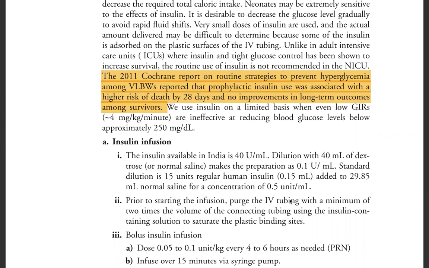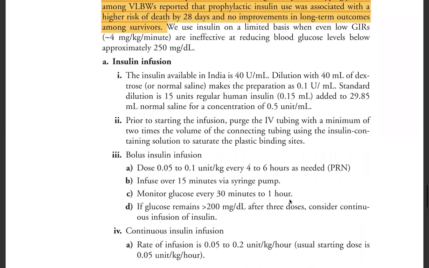Once the solution is saturated with insulin, only then put it in. Otherwise, it will not show response for a few hours. You are giving insulin, your glucose is not coming down, you try to increase your insulin dose, and suddenly after a few hours there will be hypoglycemia. Once the tubings are saturated, whatever insulin is there goes directly into the body, and suddenly you will have fluctuations and hypoglycemia. So always remember this mode of insulin infusion.